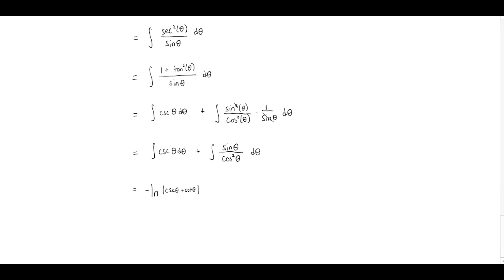For the second integral, you guys might see that you can do the U substitution, which is what I was thinking initially, but I also see that I can rewrite it as sine over cosine, which is tangent, times 1 over cosine, which is secant.